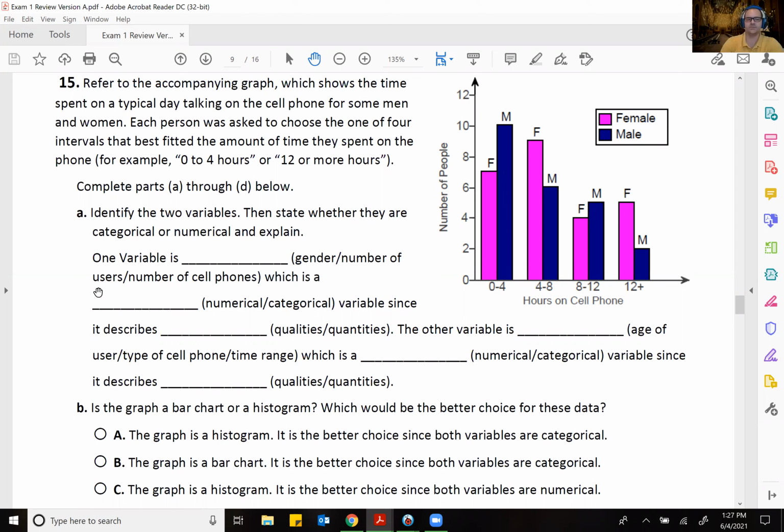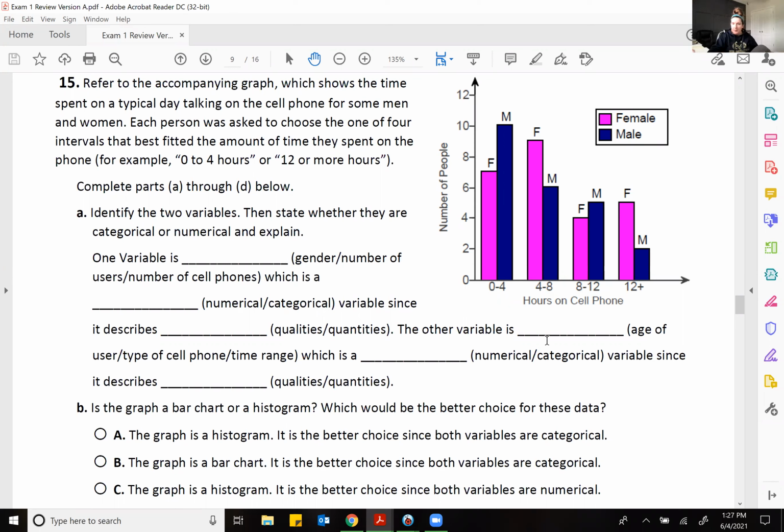I could switch those words out, but one of your variables is not about the number of users or people. If you look right here, this is one of your variables, whether you're male or female. Think about the questions being asked. You're being asked if you're male or female, and you're also being asked how many hours on the cell phone you spend. Does that make sense?